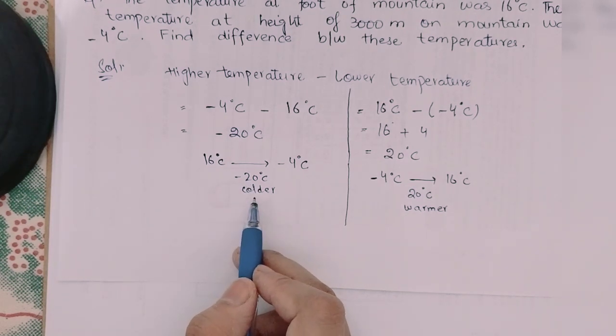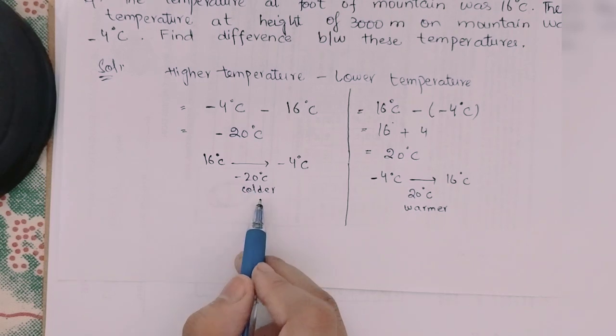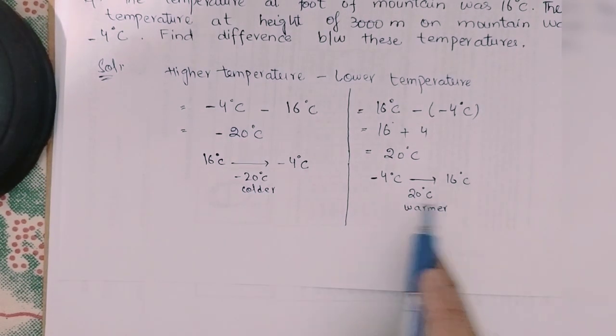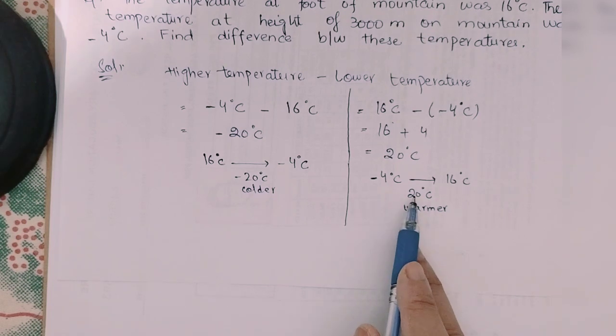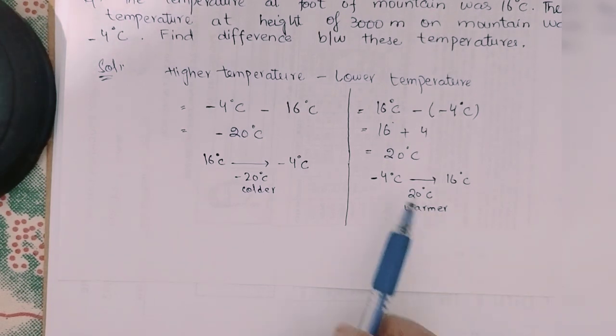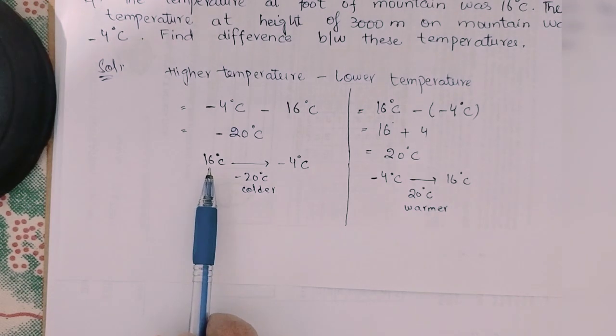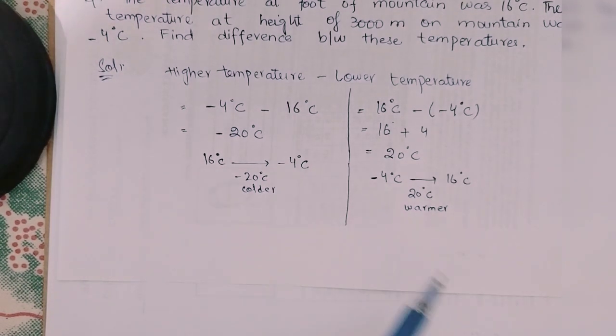It means it is 20 degrees colder. But if you say minus 4 to 16, you will say it is 20 degrees warmer, because here you move from lower to higher and there you move from higher to lower. So it can be done in both ways. This is your question. I hope you understood it.